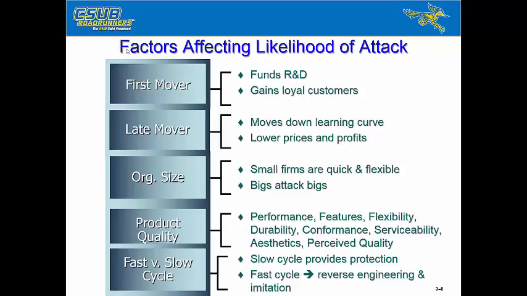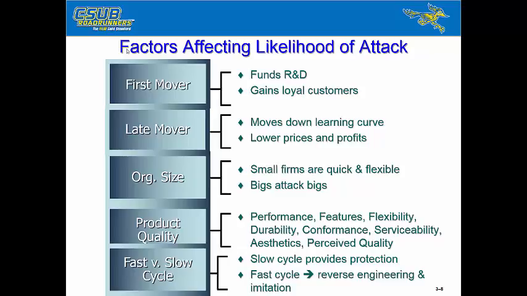Organizational size can be a reason for attack. Small firms tend to be quick and flexible, and big firms tend to attack other big firms. Product quality can be a reason for competitive attack.